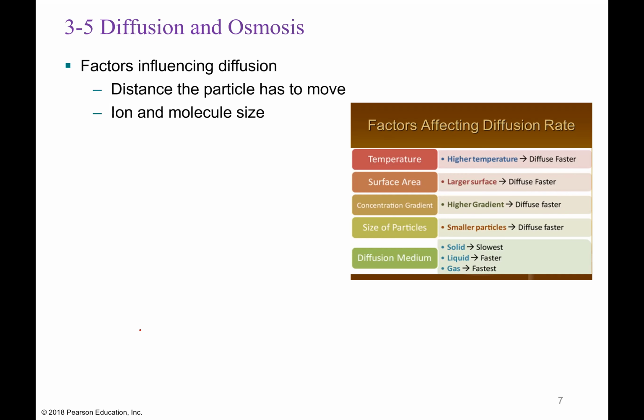Larger molecules are moving slower and they're bouncing off each other slower and diffusing through that medium slower. So this table is really helpful. So smaller molecules, you have faster diffusion. Larger molecules, slower diffusion.